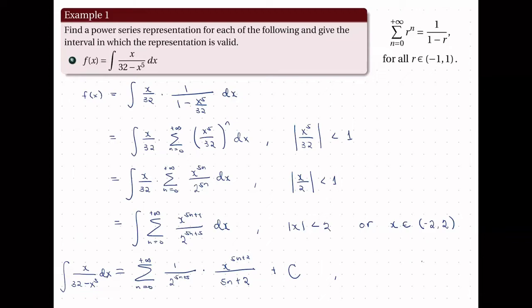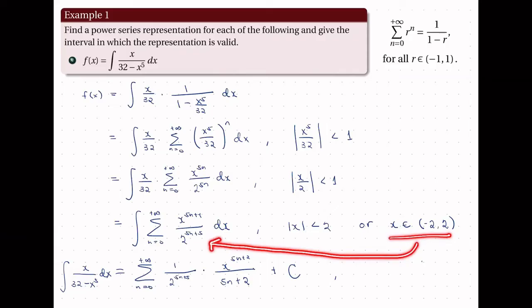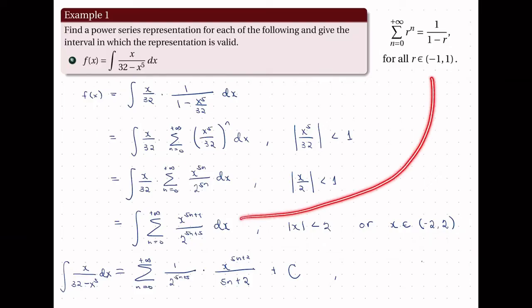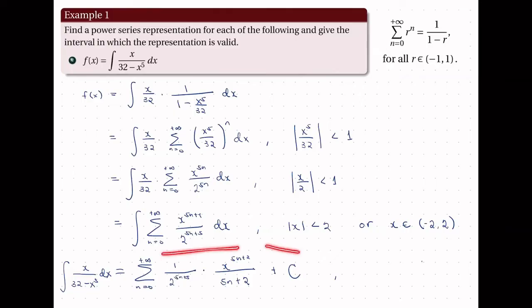But note here that this interval of convergence is for the geometric series in the integrand. Okay? So, in-apply natin dito yung equality na ito. Okay? Kaya sure tayo na yung interval of convergence nito ay ito.